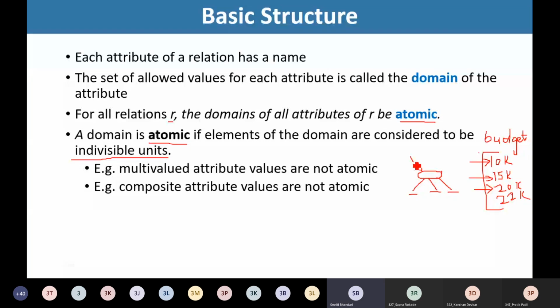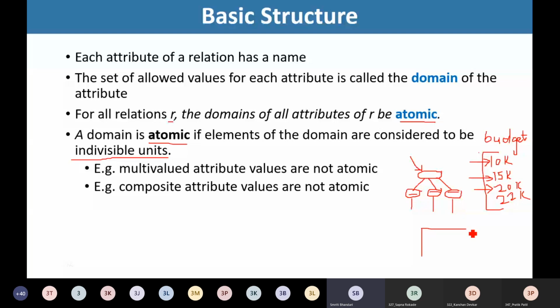Why? Because this name consists of three parts that can be separated from one another. So if I consider the domain of this composite attribute as a whole, having three subparts, then I'll say it is non-atomic. But the individual parts, first name, middle initial and last name, can be treated as atomic.